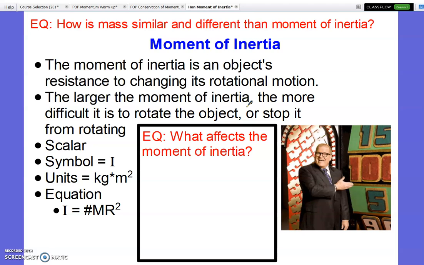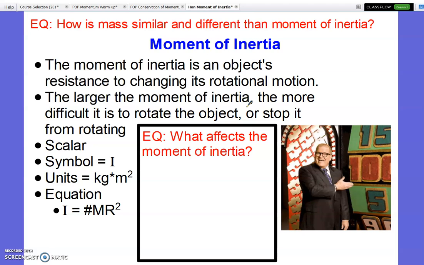It's just a number with no direction. The symbol is the letter I, standing for the inertia part, versus the symbol for mass, which is m. The units for moment of inertia are kilogram times meter squared. And the equation really depends upon the shape of the object.